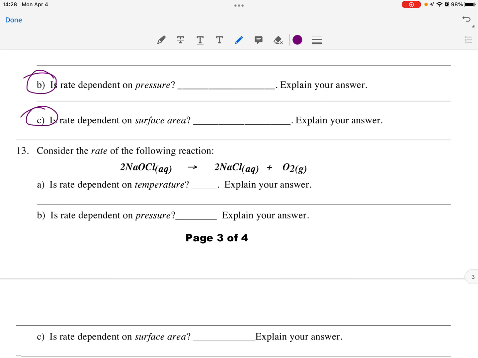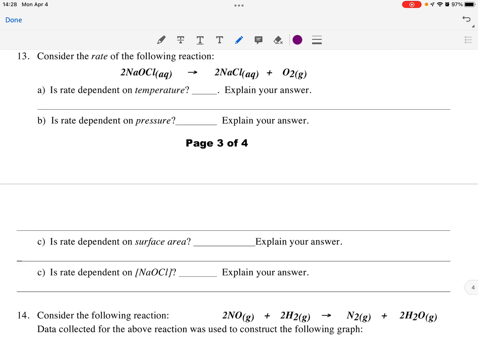Next, I'm going to check what's 13? Ooh, got some bleach there. So this one is another one that you can do. This is sort of a fun one. So you can do all these and check on the key.